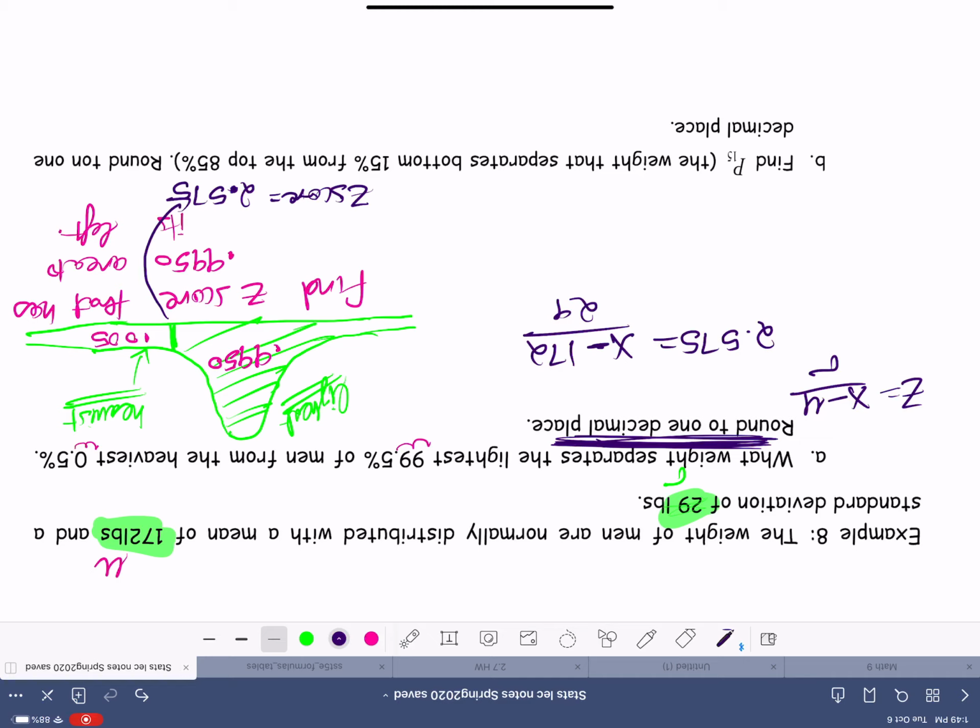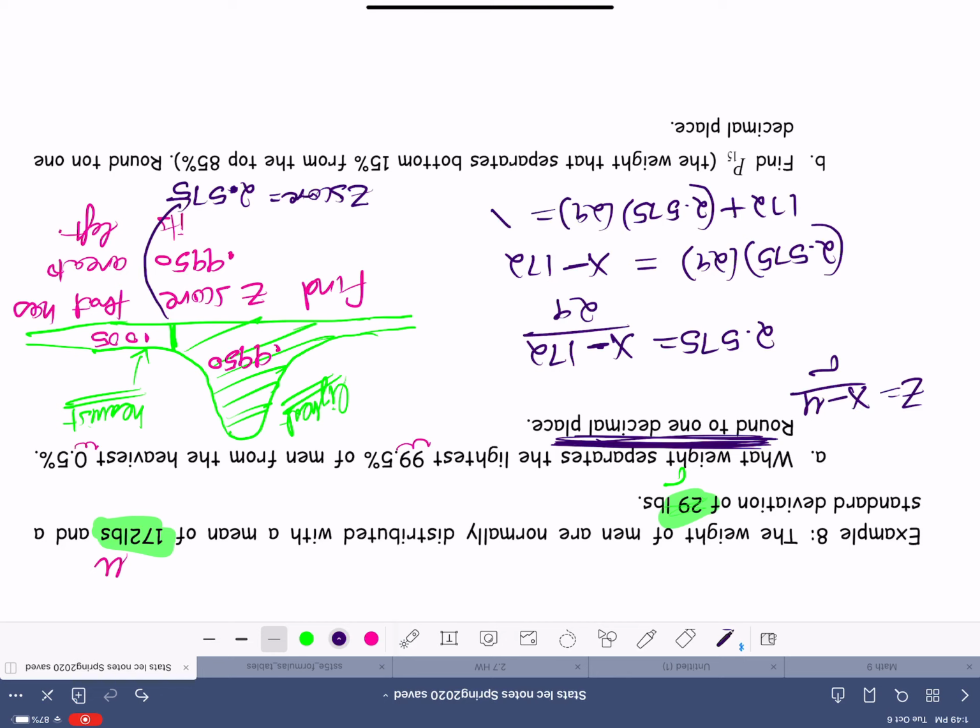To solve it, first of all, I'm going to do 2.575 times 29, and that would be x minus 172, and then I would add 172 to both sides, and that's going to leave me with my data value x. And in this case, the x turns out to be, when I simplify, 246.8 pounds. So this is the weight that separates the lightest 99.5% of men from the heaviest 0.5% of men.